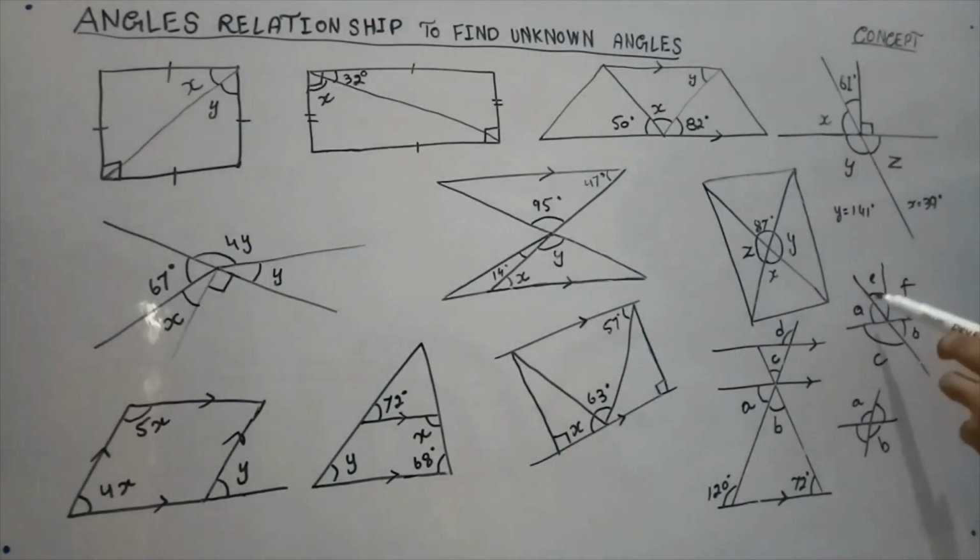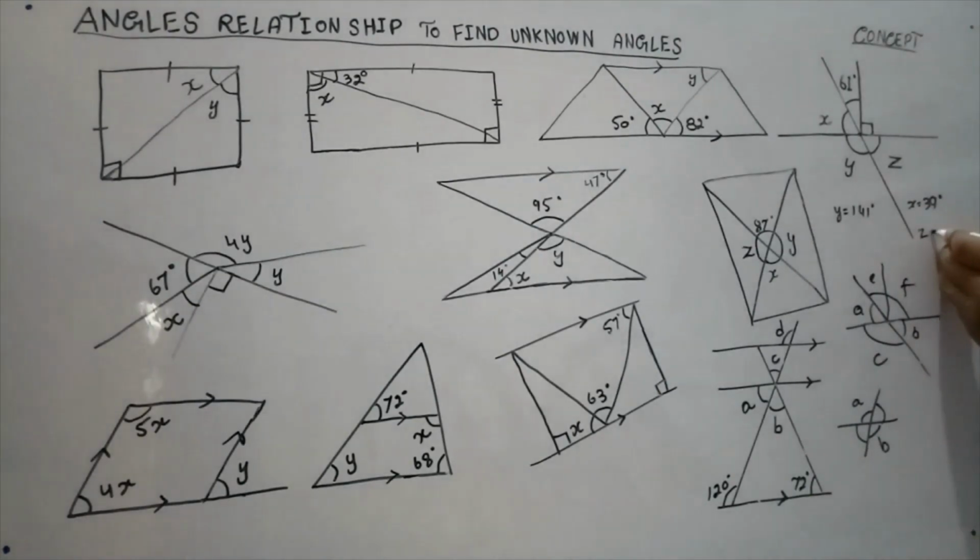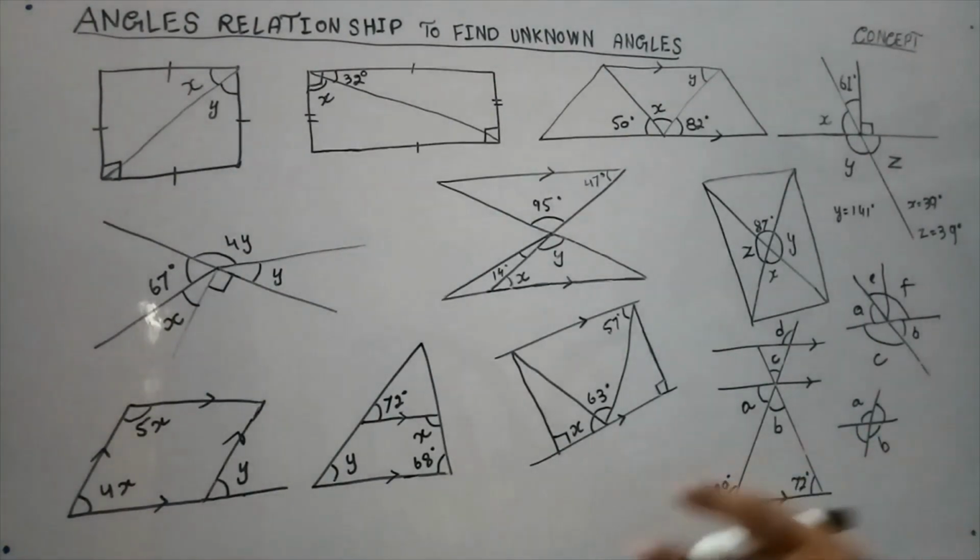And this angle will be equal to that angle. So I know here the value of A is 39, so the value of A will be equal to the value of B, or I can say the value of x will be the value of z. So here z is also equal to 39 degrees. Got it? So this is vertically opposite angles.